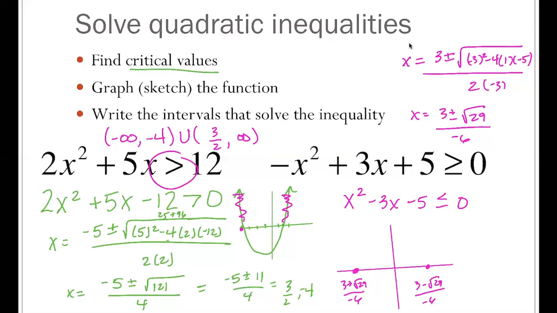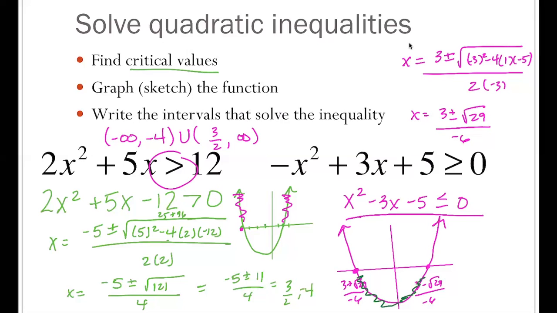So this quadratic, if we're looking at what we just did here, does have a positive, so we would be opening up. And it's okay that it's not the same as what it was to begin with because we switched our inequality sign. Now, in this case, we want to know where it is less than or equal to 0. So in this case, we're below the x-axis, so we're down here.